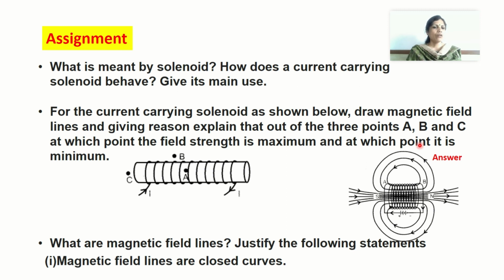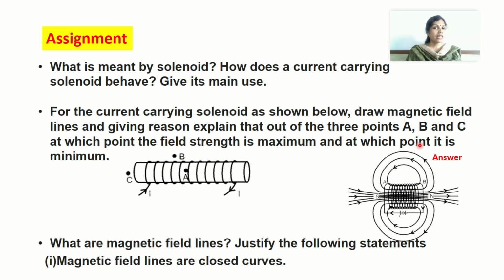Question number 2. For the current carrying solenoid which is shown in the figure, draw magnetic field lines and, giving reasons, explain out of the 3 points A, B, C at which point the field is maximum and at which point the field is minimum. So actually, to give you the hint, I have given you the nature of the magnetic field there. And how will you draw the magnetic field there?